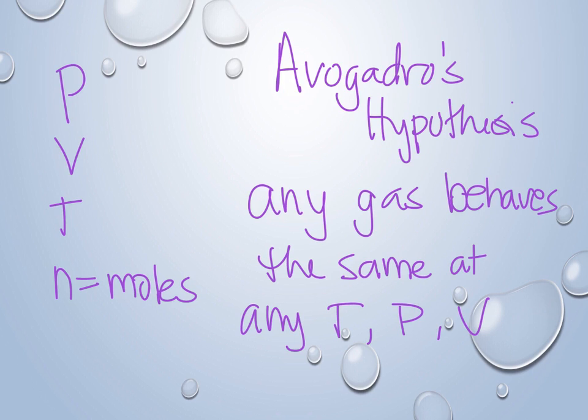So what he's saying is that it does not matter what gas you have, that at a specific temperature, pressure, and volume, you will have the same amount of moles, because the gases are a factor of the temperature, pressure, and volume.